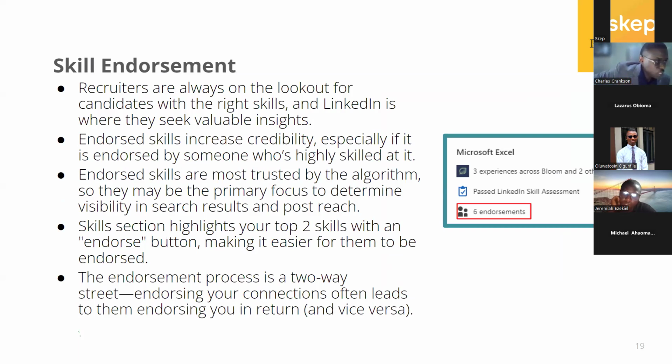So sometimes I just tell people, anyone endorse me, let me also endorse you. That works. But also, for example, I passed an Excel skill assessment, so LinkedIn values that, or prioritizes my recommendation. If I recommend someone for Excel, it's okay, because you're an expert, you know what you're saying.